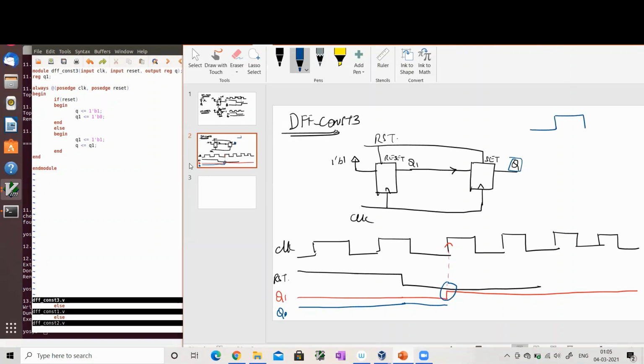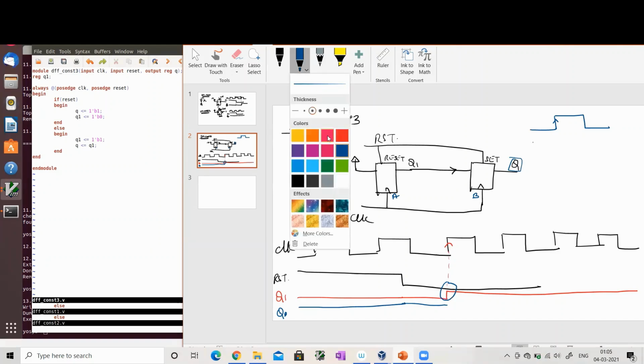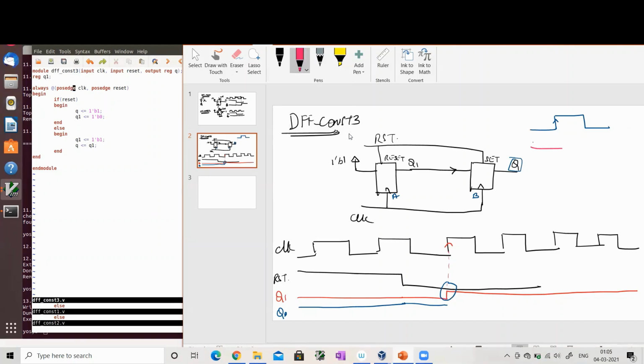If I zoom in on that clock, this is my clock. Now this clock edge is simultaneously seen by both flops. Let me call this A, and this B. The flop A and flop B see the same edge. When the clock edge occurs, Q1 will go from 0 to 1 after the TCQ delay. This delay is my clock-to-Q delay, correct?